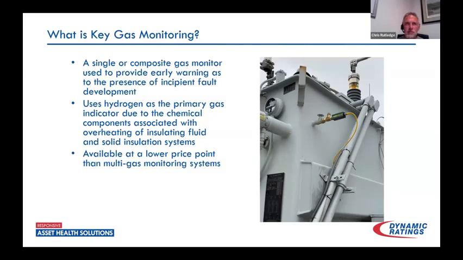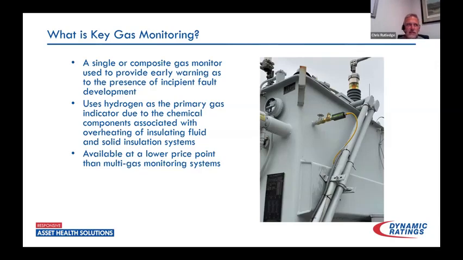Whereas we start measuring methane, ethane, ethylene, up to acetylene, through the different energy that's being expended, or the different thermal values as they get higher, we no longer see methane, we start seeing ethane, or we no longer see ethane, we see ethylene. But that hydrogen is that constant.